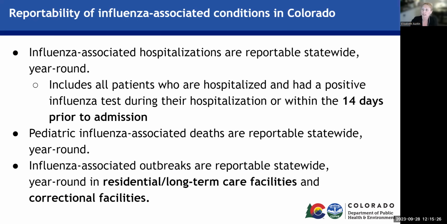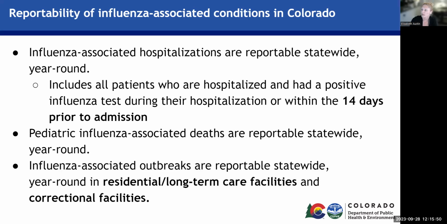However, we do tend to see some flu cases outside of that time frame, and so we want to emphasize that hospitalizations are reportable year-round. The definition for this hospitalization includes all patients who are hospitalized and had a positive flu test during their hospitalization or within the 14 days prior to admission.